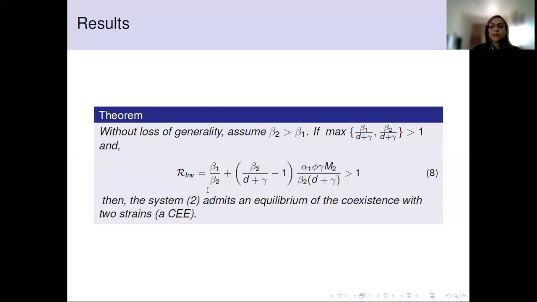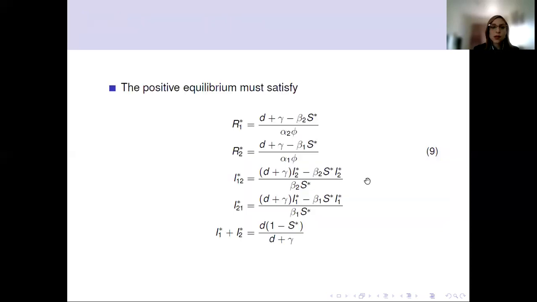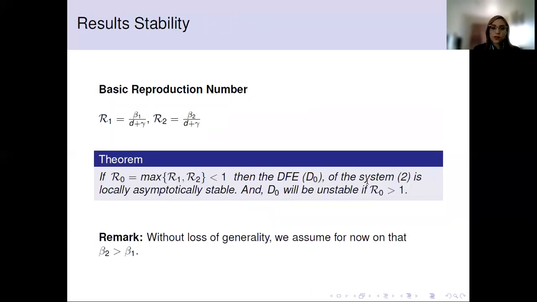It is called the invasion reproduction number, and I'm going to talk about it a bit later. So the positive equilibrium must satisfy some conditions, of course.